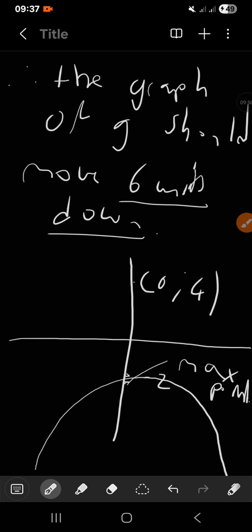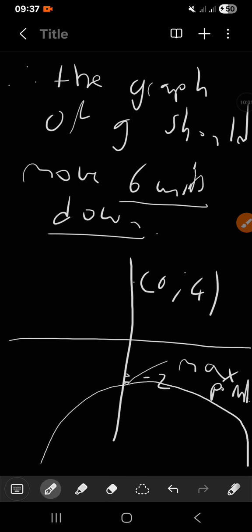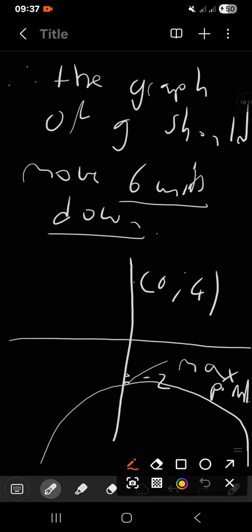However, it's going to be below the x-axis. Yeah, like this. So this is how your graph is going to look, but it's just going to be below the x-axis, and it's still going to obtain a maximum point at -2. Okay, thank you.